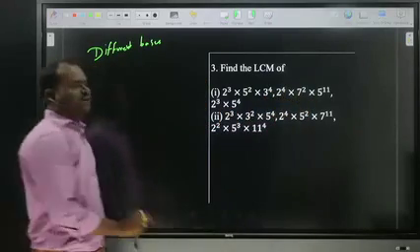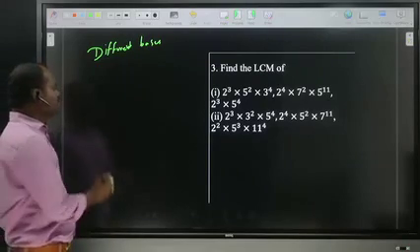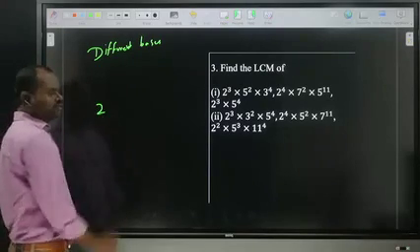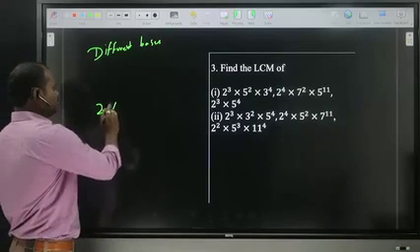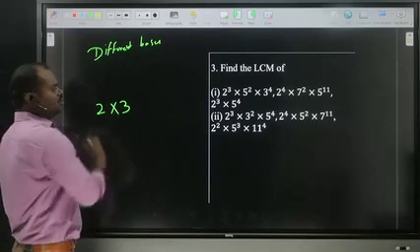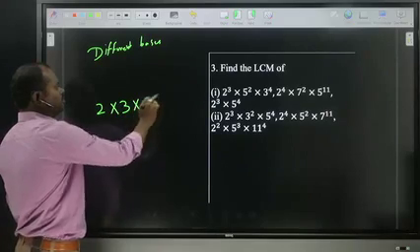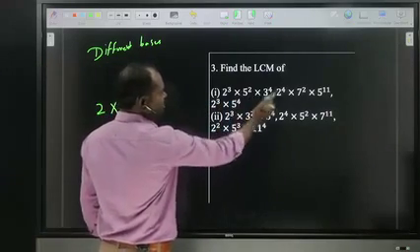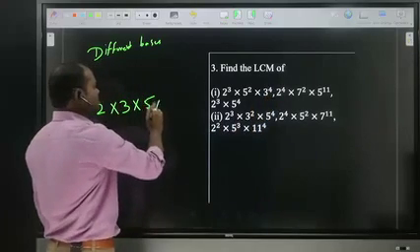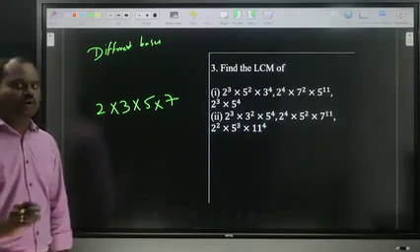Whatever the bases are, write down all of them. What are the bases? 2 is one base. Next, 3. Next, 5. 2 finished, 3 finished, 5 finished. One more is 7. That's it.